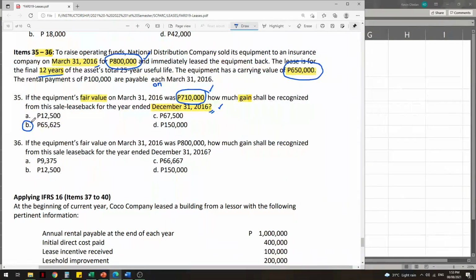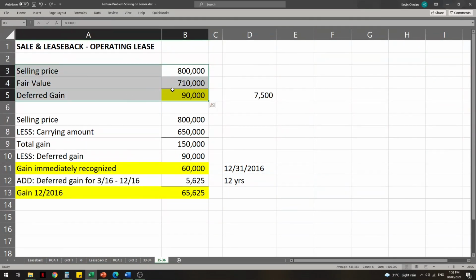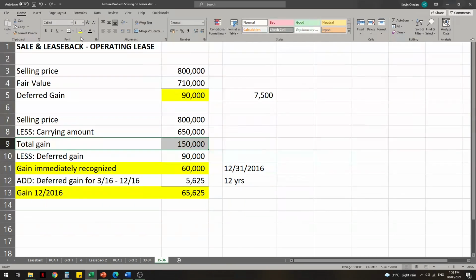And now for the last item, guys. This one is easier than number 35. Yung number 35, meron lang tayo kasi konting roadblock kasi we can't recognize the total gain of 150,000 because of this impediment. Meron tayong criteria na kailangan i-follow. May gain of that 150,000, merong gain na kailangan ma-defer.